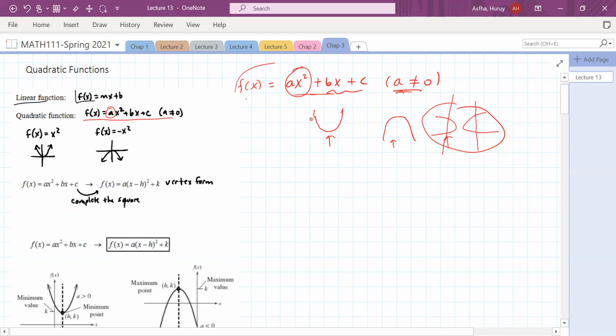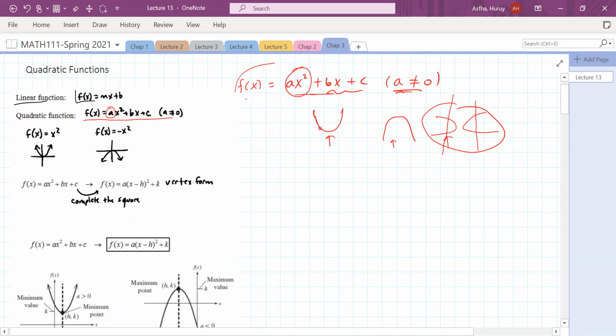And how do we know that? Without graphing, I mean. If you graph it, then there is no question about that. But without graphing, we can determine whether the graph opens upwards or downwards, and that's based on a.